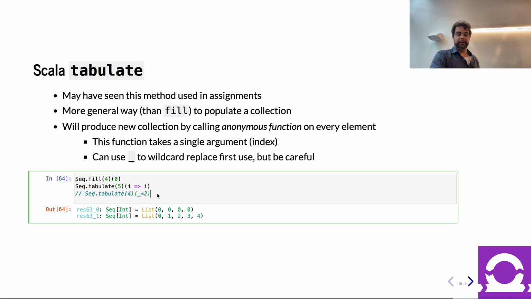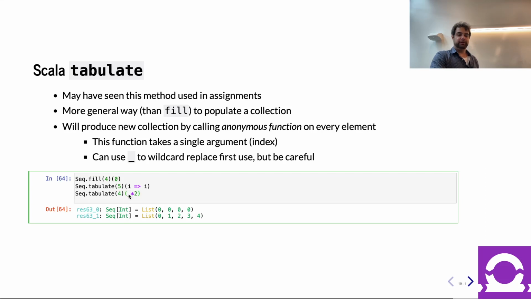Okay, so I'm not changing anything. What's interesting, and this is where it gets really productive, is you can use what's called the wildcard syntax, which, you see my note right here, is really helpful, but be careful. Rather than saying i goes to i, this is the first part, the argument, and this is the body of the anonymous function. This is just the body all at once. Every time an underscore appears, it applies that argument.